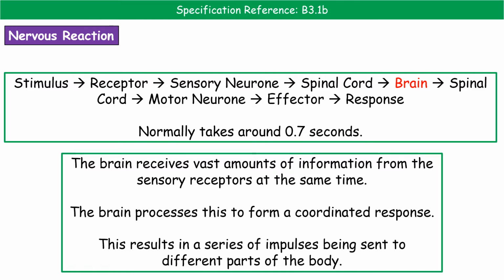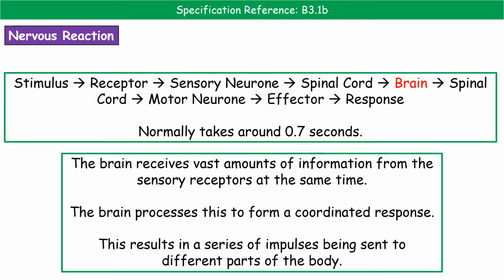The reason your brain is so important, aside from storing all of this great information to allow you to answer questions on your exam paper, is that it receives huge amounts of information from all these different sensory receptors around your body at the same time. It processes all of that information to bring about what we refer to as a coordinated response.